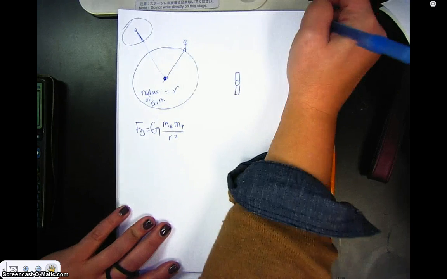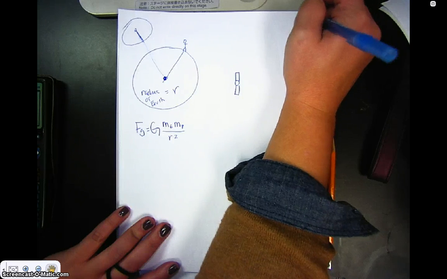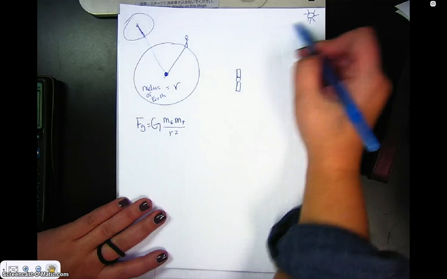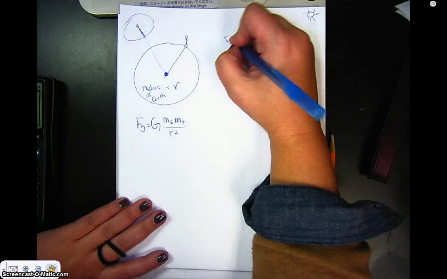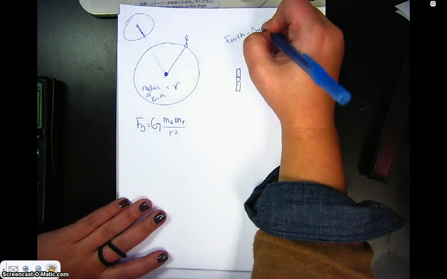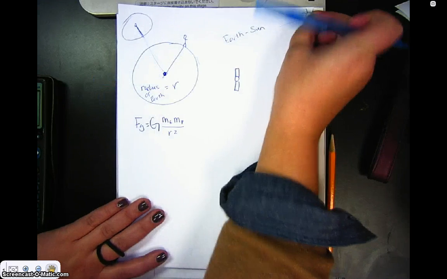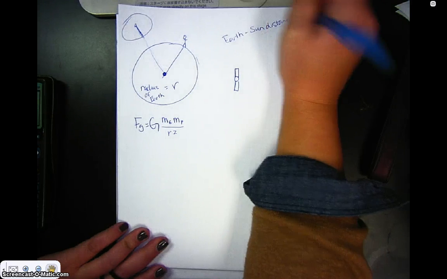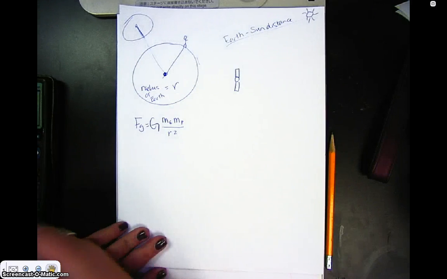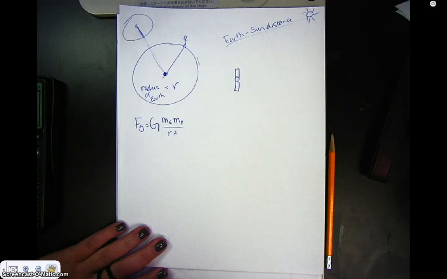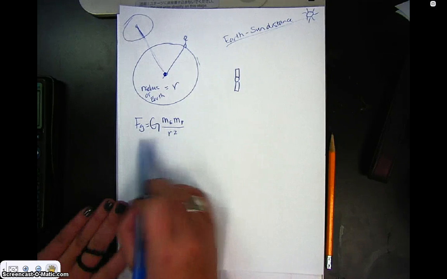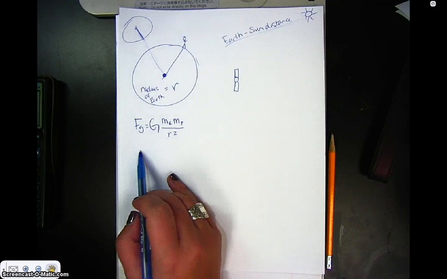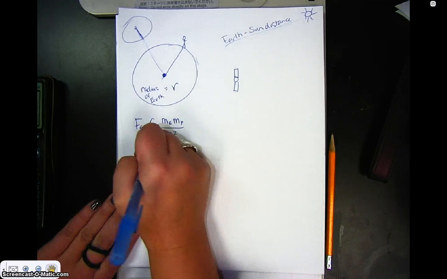Even with the sun way over here, the distance between the Earth and the sun is so big that neither the radius of the sun nor the Earth matters. So you just have to look at the numbers in scientific notation and what's meaningful and what's not.